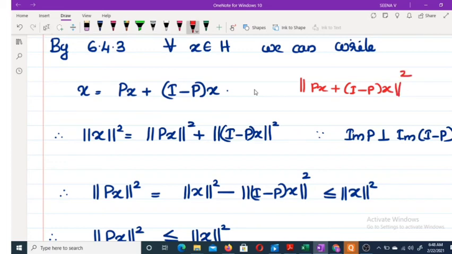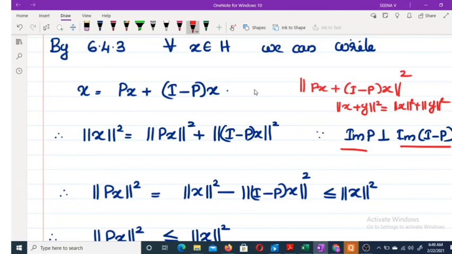But here, as Px and (I minus P)x are orthogonal, we get this is equal to norm of Px square plus norm of (I minus P)x square, because already we have discussed this, norm of x plus y square is equal to norm of x square plus norm of y square if x and y are orthogonal. Using this result, because image of P is orthogonal to image of I minus P. Px is in image of P, (I minus P)x is in image of I minus P. So we get this result.